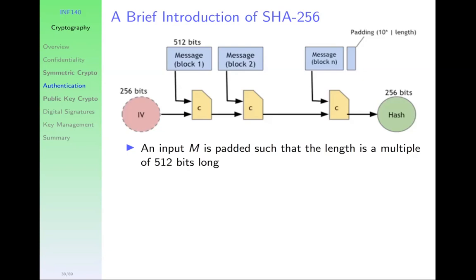I see another question from Ahmed. So the first compressed function becomes the IV of the second one. Yes. Here the output of the first compressed function will be the input of the second compressed function, and so on and so forth.